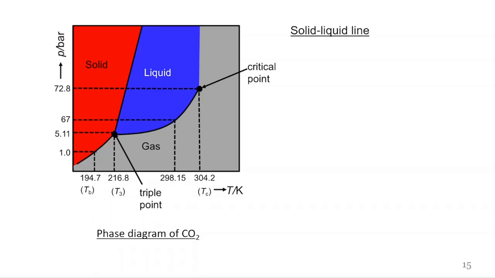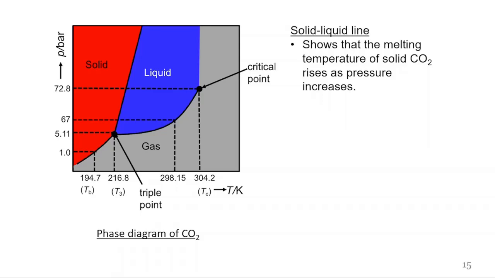The solid liquid line, which we have to distinguish from that of water, shows that melting temperature of CO2 increases as pressure increases, as opposed to that of water, which shows that melting temperature rather decreases as pressure increases.